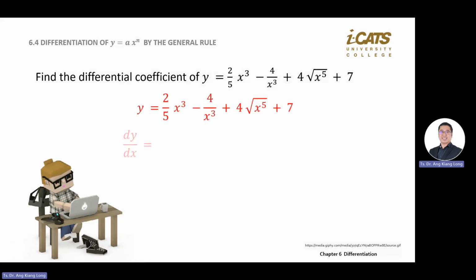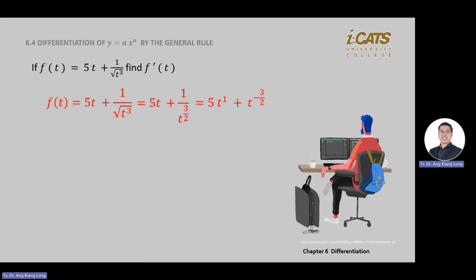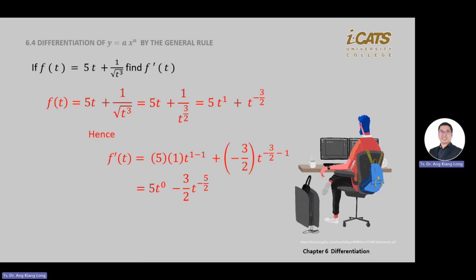Okay, and so on. The rest is still the same. I only need to highlight to transform the root into index form.